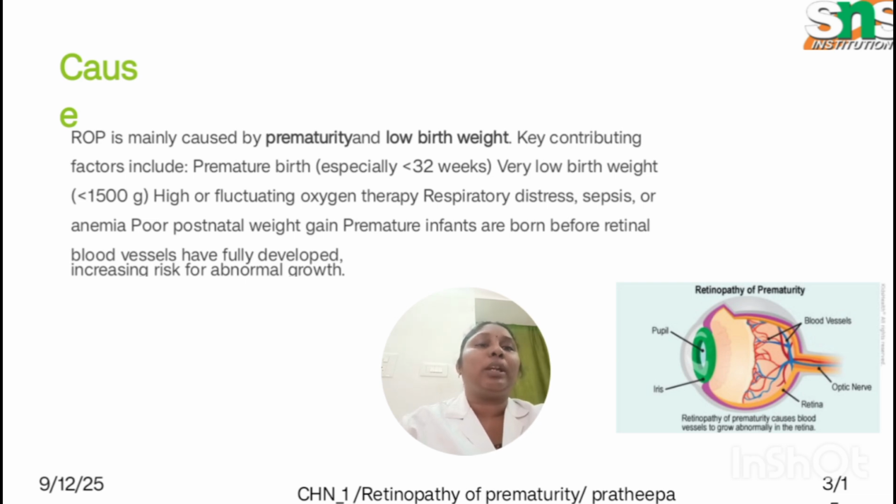Premature infants are born before retinal blood vessels have fully developed, increasing the risk for abnormal growth. So these are the causes of retinopathy of prematurity. Mainly premature babies and low birth weight babies are commonly affected. If we can identify early, we can prevent vision loss in these babies.